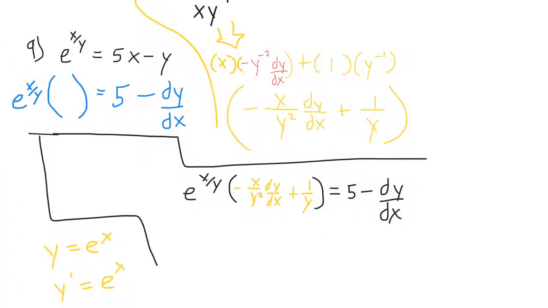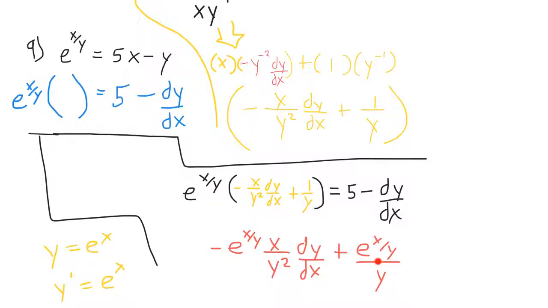So let's see here. We will have to distribute, unfortunately, so we're going to distribute the e to the x over y, and that becomes negative e to the x over y times x over y squared times dy over dx plus e to the x over y, because of the distribution of this to the 1 over y.